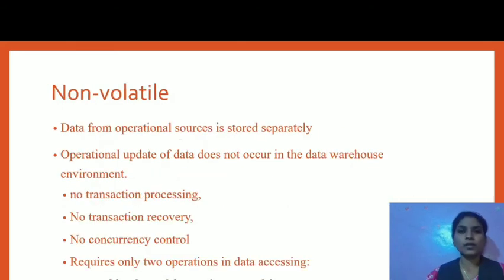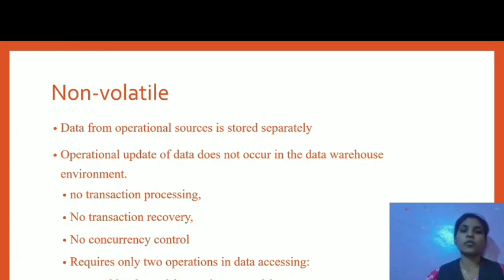And non-volatile, the data from operational sources is stored separately for the data warehouse. What we said just now, the data is collected. Relational databases, flat files, online transaction records are collected for the data warehouse. But this data, current data, is stored separately in the data warehouse.